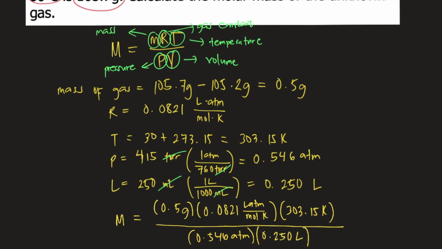So if you cancel the units, liter will cancel, atm would cancel, Kelvin would cancel. We are left with grams per mole, which is the unit for molar mass. So if we solve the molar mass, this is equal to 91.2 grams per mole. And that is the answer to this question.